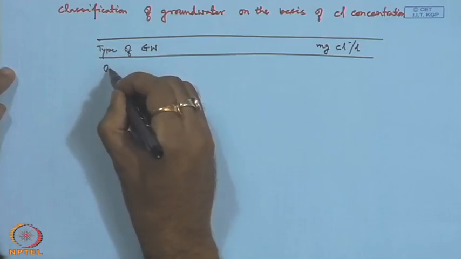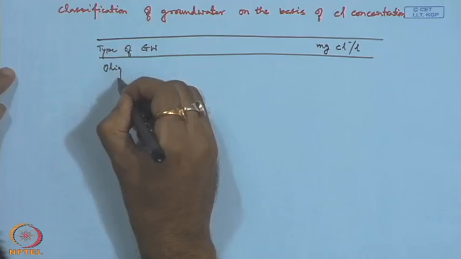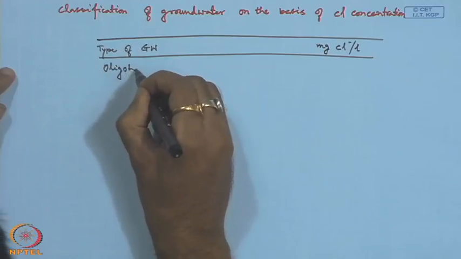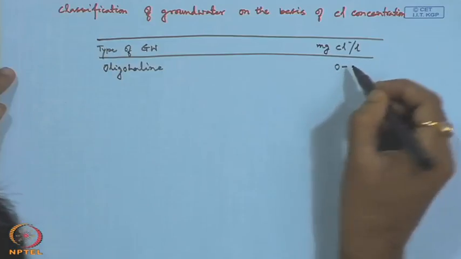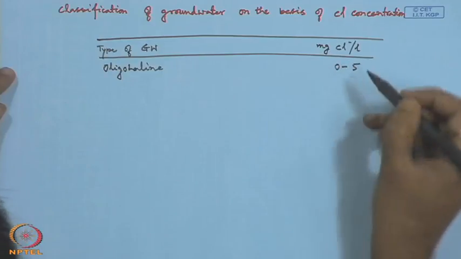First category is oligohaline, with the range 0 to 5.